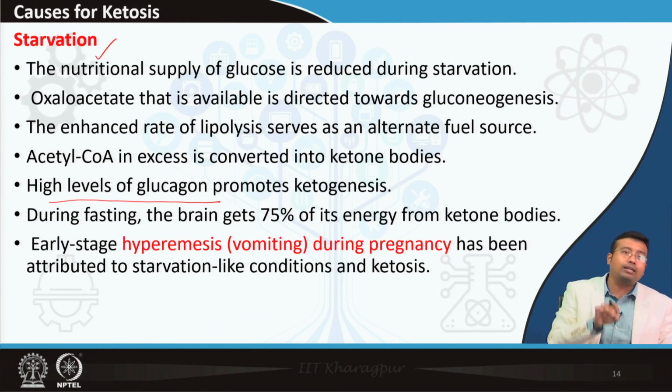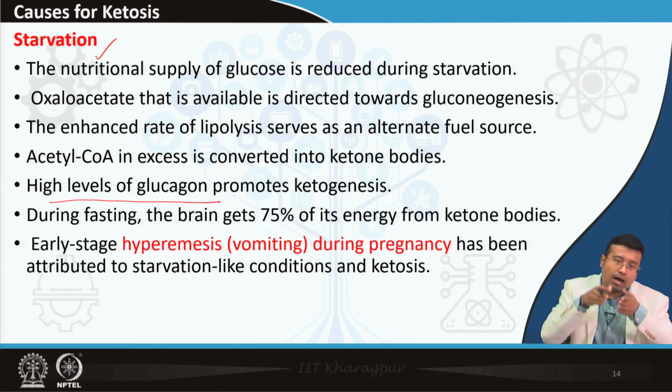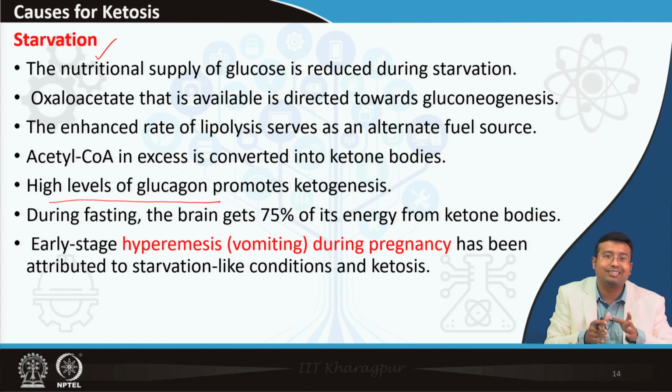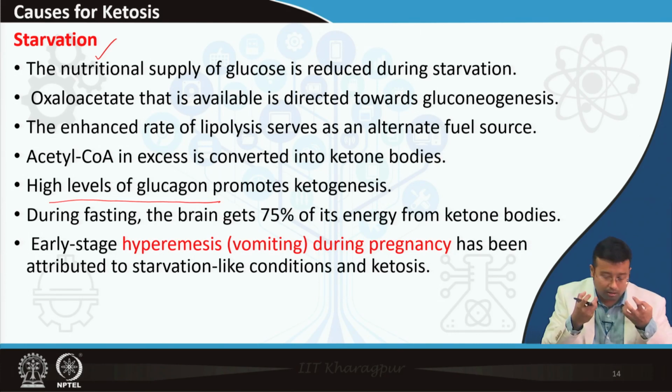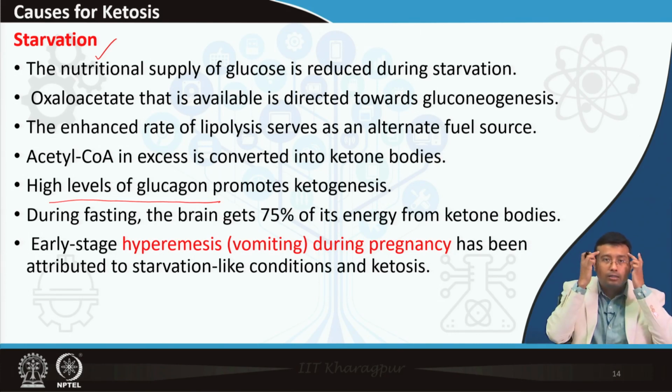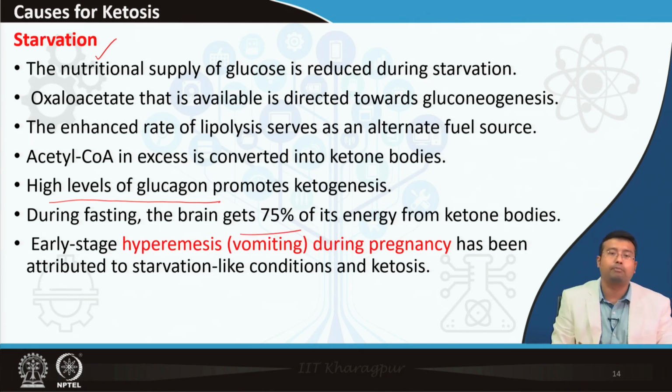So, the body is already in a hypoglycemic state, and the metabolic pathway is triggered in such a way that the acetyl CoA is only directed towards ketone body synthesis, and that is further triggered by the presence of a high level of glucagon. Anyway, initially we do not need to bother, because the main requirement of glucose in our body is to make sure the brain is functioning. The brain can get 75% of its energy from ketone bodies.